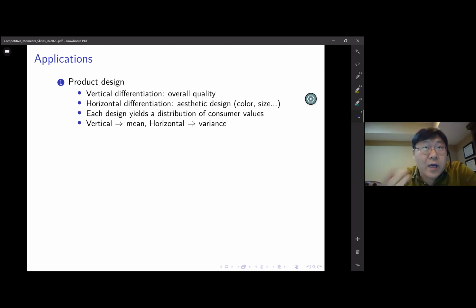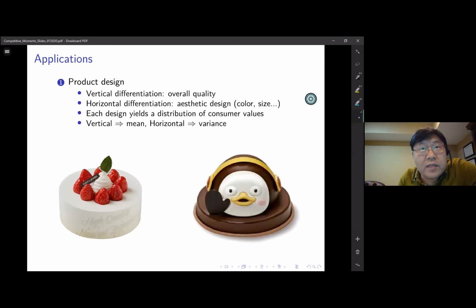But this is ours. Our modeling is another way to do such an exercise because naturally, this vertical dimension corresponds to the mean of the distribution, the first moment, while the horizontal dimension corresponds to the variance, the second moment. To give you a more concrete picture, let's look at these two different birthday cakes.